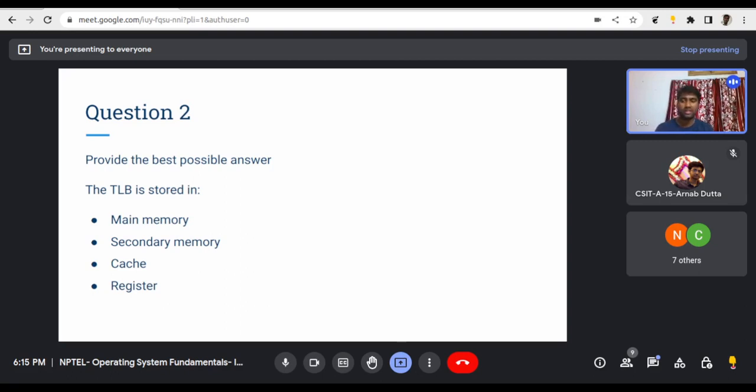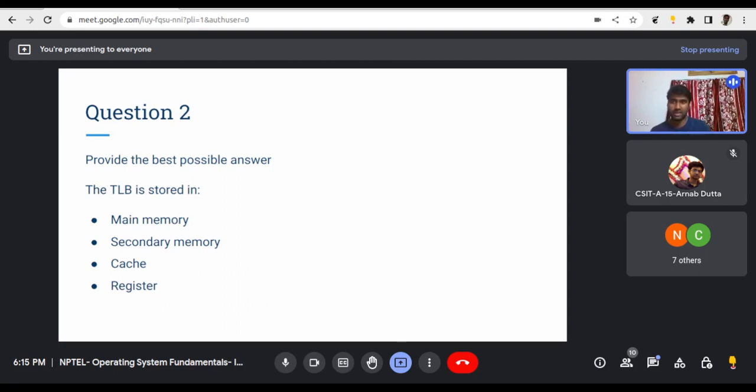So as an alternative, what was created was the translation look aside buffer, which is actually stored in cache. Okay, which is faster compared to the main memory. So what that does is the frames that are frequently being accessed by a running process are loaded into the translation look aside buffer, which is actually a part of the cache.